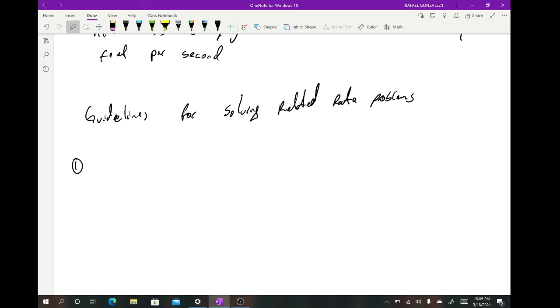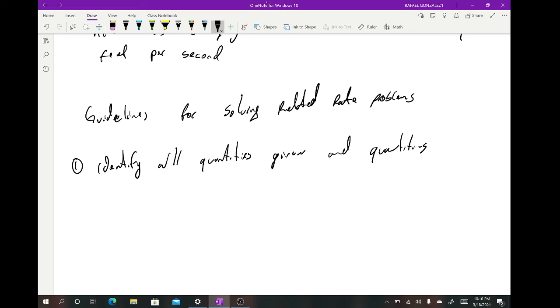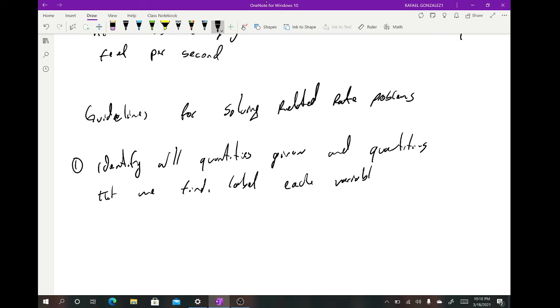So the first thing I should always do is identify all quantities given and quantities that we need to find. I always say, label each variable accordingly.